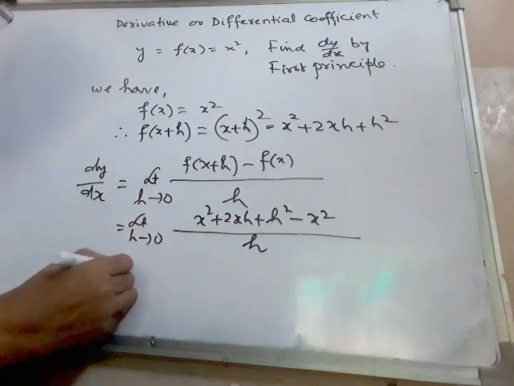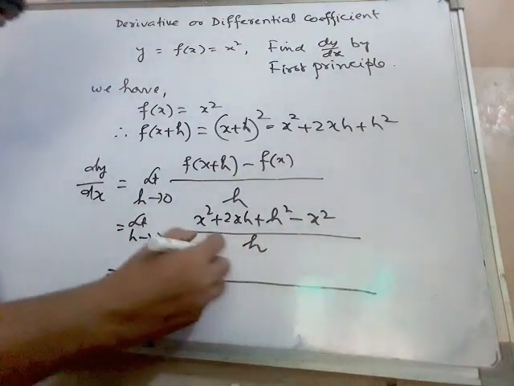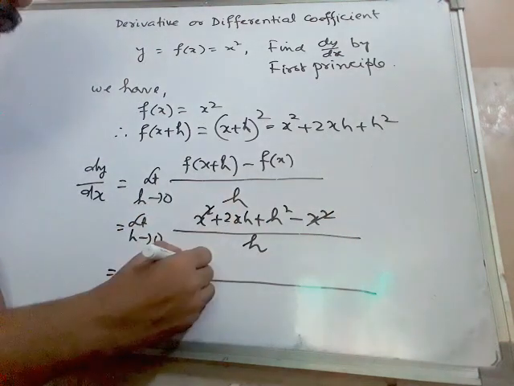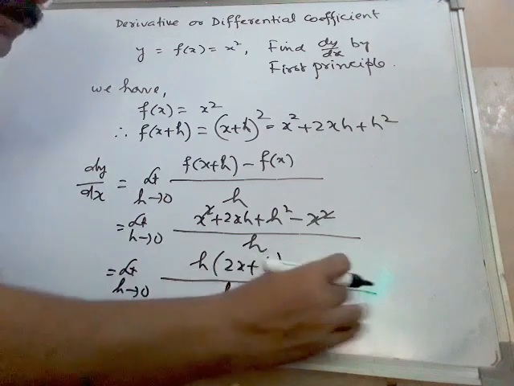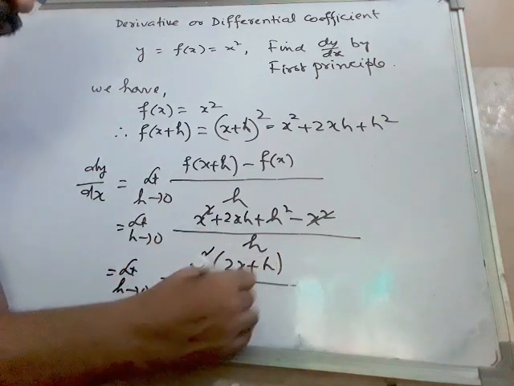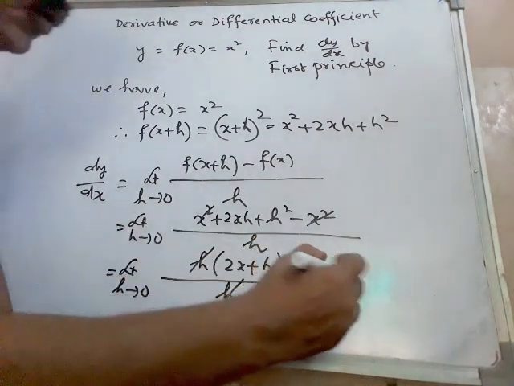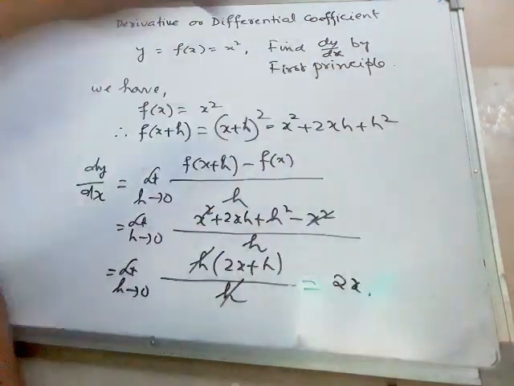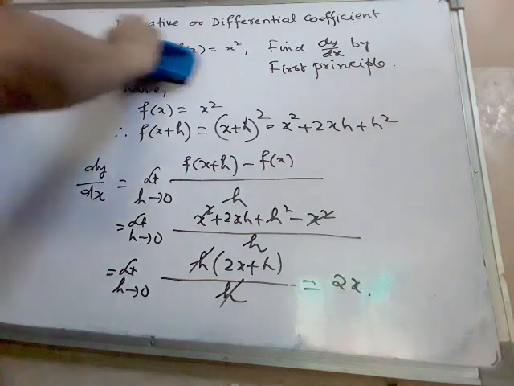Further we are simplifying: limit h tending to 0, x square gets cancelled, h common, (2x plus h) divided by h. So h and h get cancelled, and putting the value of h we get 2x, and therefore the derivative of x square is 2x. That we have proved.